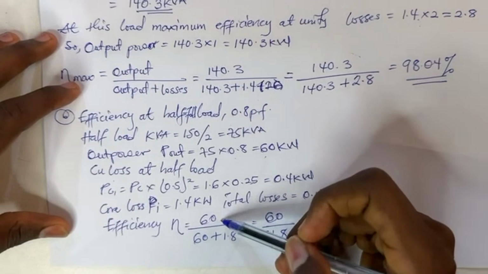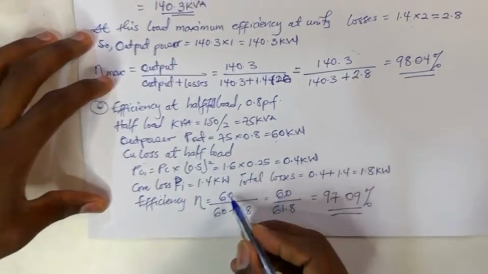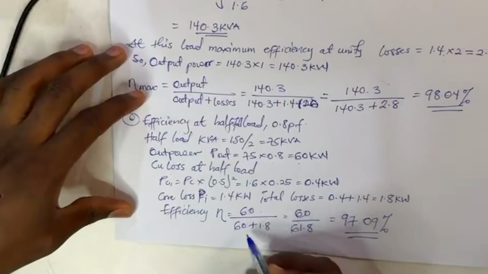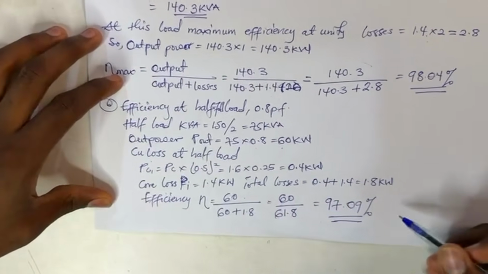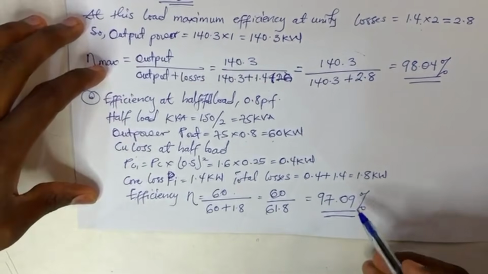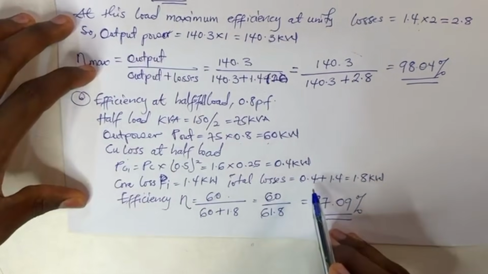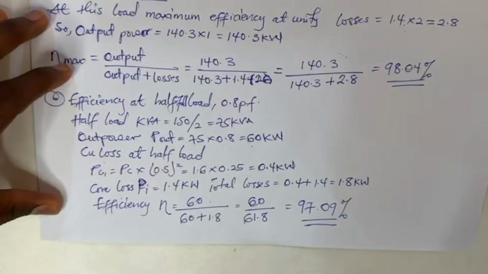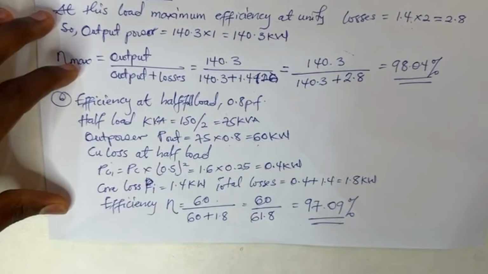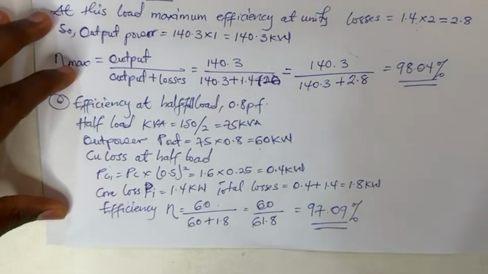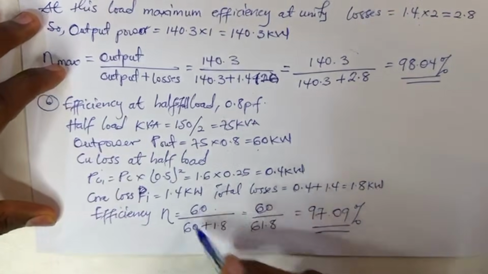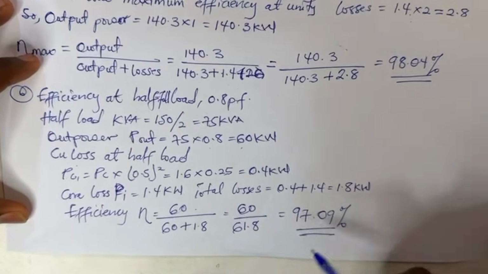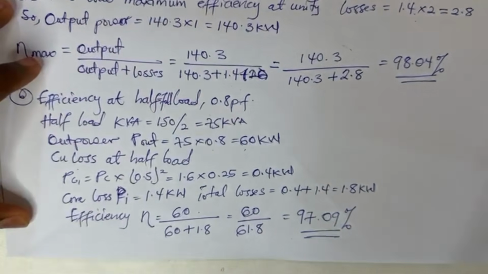So 60 divided by 60 plus the total losses, the copper loss at half load and the iron loss. That is 60 divided by 61.8.